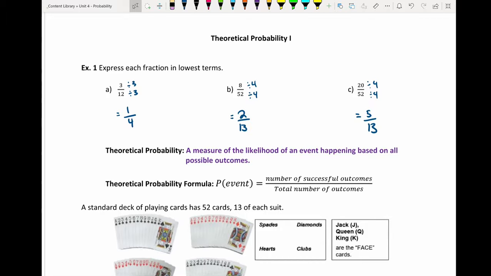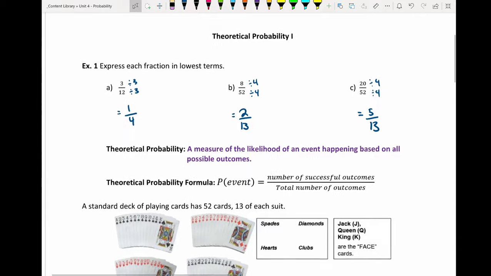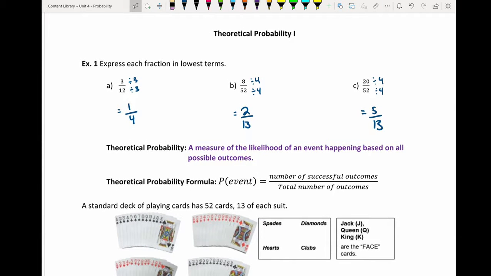Because we're looking at theoretical probability now instead of experimental, there is a slight difference. It's not so much in the math, it's more in understanding what we're looking at. Theoretical probability is a measure of the likelihood of an event happening based on all possible outcomes.